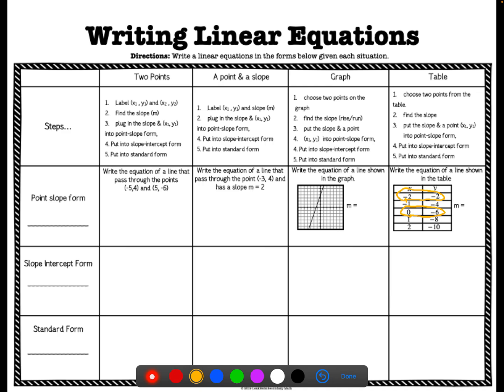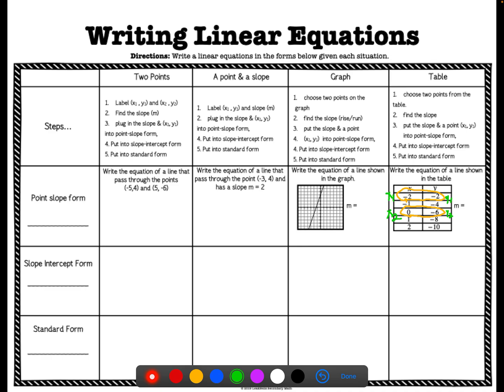Remember we can do y2 minus y1 over x2 minus x1. Or we can use what I call common sense. I don't know if that's the right term to use. I don't want anybody to feel bad if you don't understand that method, okay? But basically, this is our y2, y1, x1, x2.